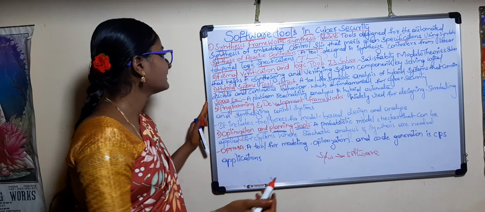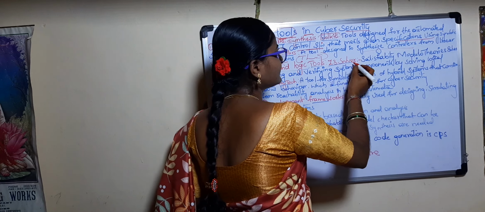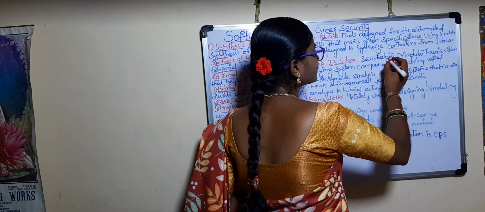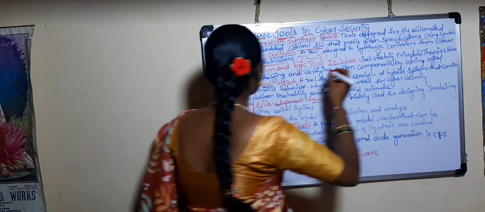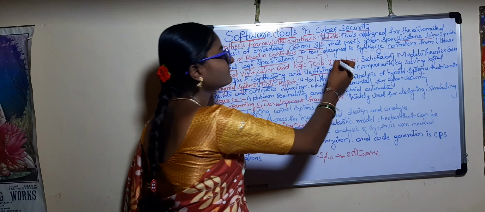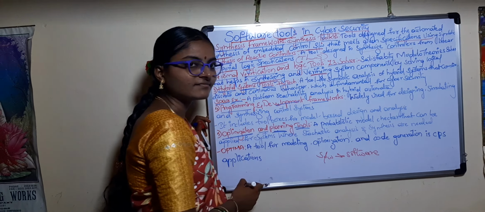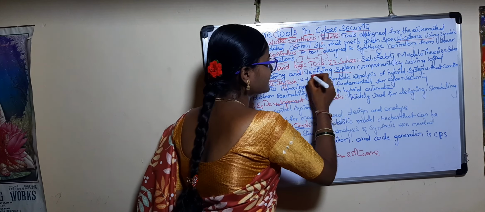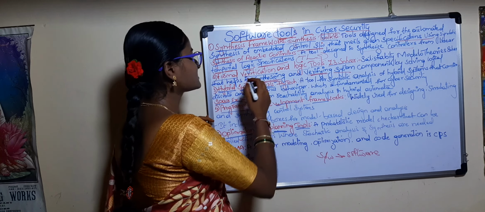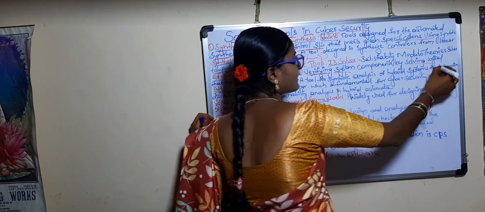The second method is formal verification and logic tools: the Z3 solver. Z3 is a satisfiability modulo theories solver that helps in synthesizing and verifying systems and components by solving logical problems.